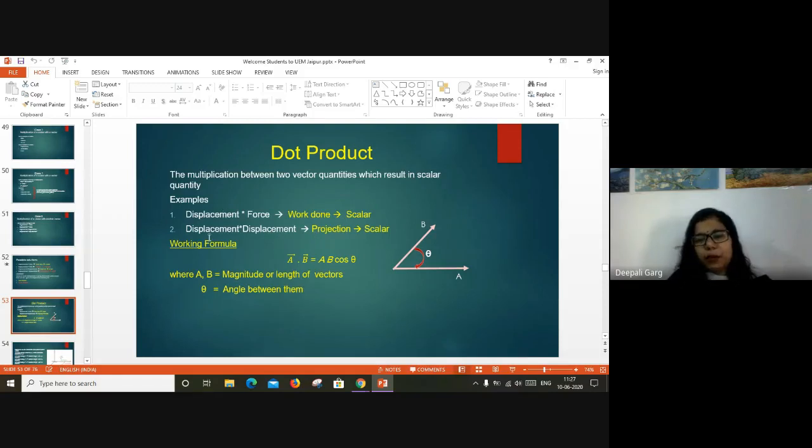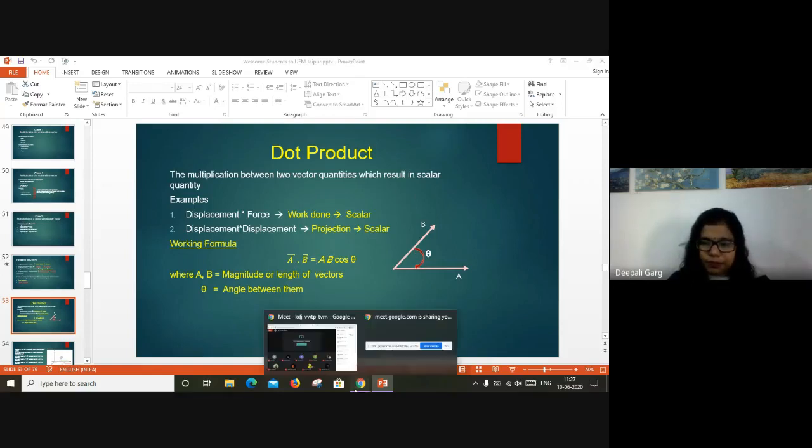So what is the working formula? We have two vectors, A vector and B vector, such that the angle between A and B is theta. Then the working formula is A vector dot B vector is equal to AB cos theta, where A and B, when there is no arrow over them, represent the magnitudes of A vector and B vector, and theta is the angle between them.